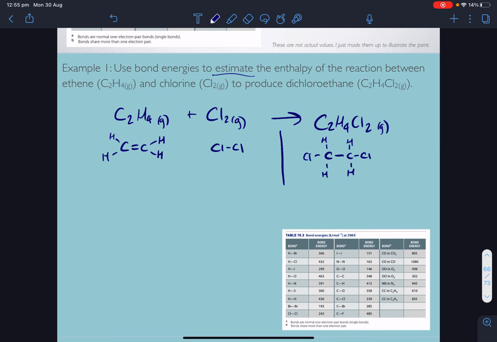It doesn't matter where you have it, but they're the bonds there. I've drawn them in. So we've got 1 carbon-to-carbon double bond and 4 carbon-to-hydrogen single bonds. And here we've got 1 chlorine to chlorine. Here we've got 1 carbon-to-carbon, 2 carbon to chlorine, and 4 carbon to hydrogen.